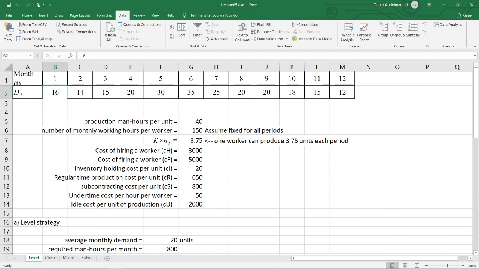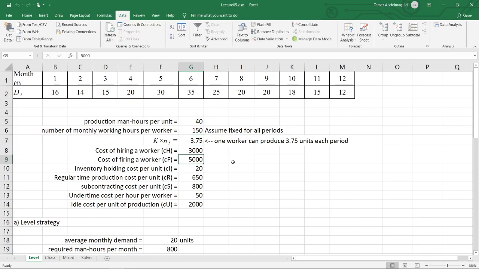These are the values that we have in our given problem. As you can see here, this 3.75 is calculated by dividing the number 150 by 40. This will give us the K times N sub T.